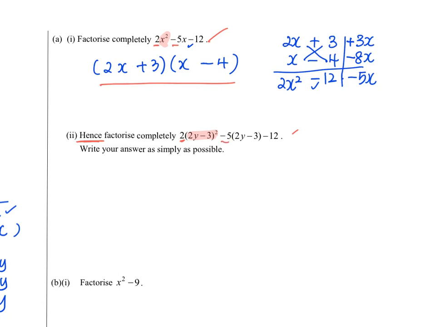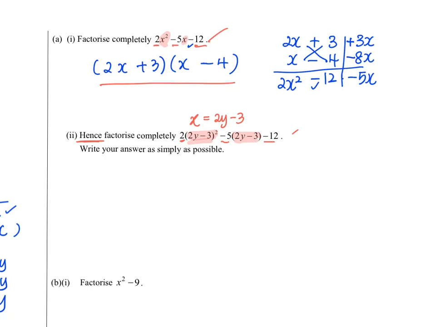Now my x over here is 2y minus 3. Is this x also 2y minus 3 over here? Yes, it is. Then finally, I have negative 12 with negative 12. So everything looks similar except that x is now equal to 2y minus 3.